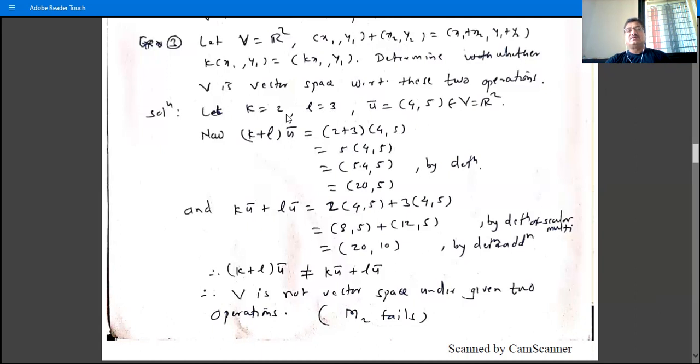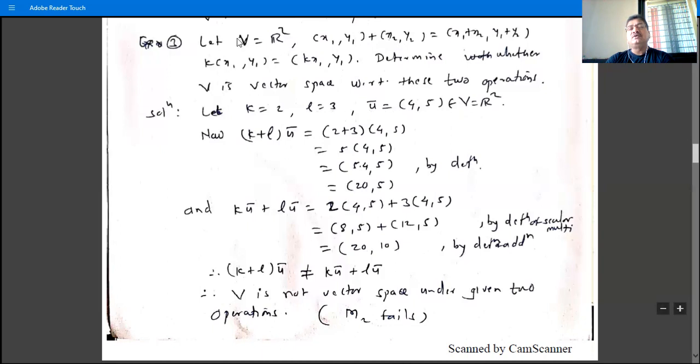Scalar means real numbers, the elements of the set of real numbers. So we can take negative or fractional values like 1 by 2, 3 by 4, or minus 3 by 4.